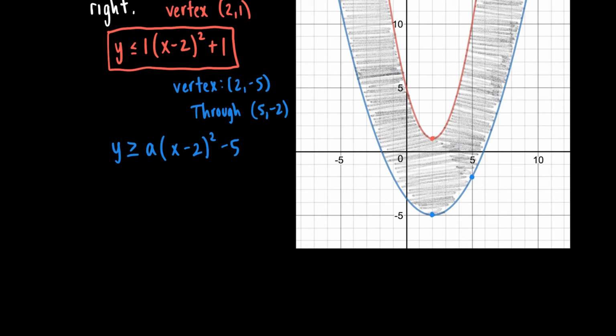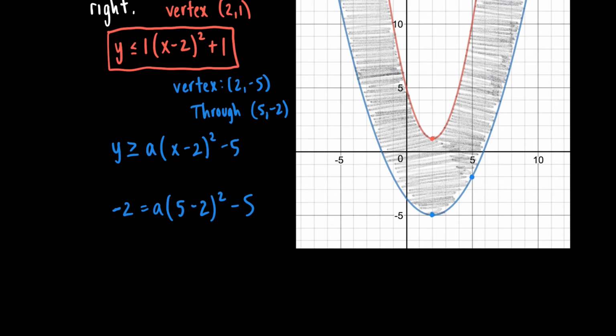So I'm going to say y is equal to, and I'm not going to do y, I'm going to do negative 2 because that's the y value of the point. That's going to be equal to a times, not x, I'm going to put in 5 minus 2 squared minus 5. So I took the x and the y from the point and I'm plugging those in there.